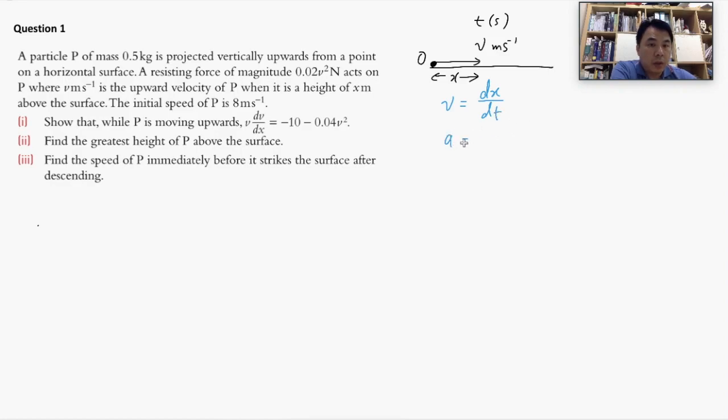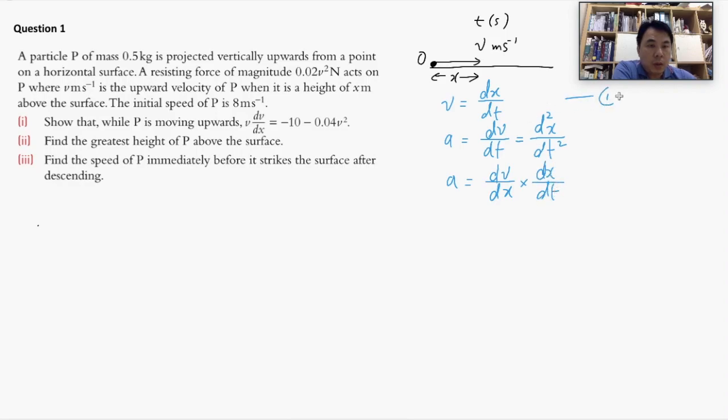Whereas acceleration, we are talking about linear acceleration here, is given as the rate of change in velocity, dv/dt. Indirectly, this is also the second derivative of displacement. By using the chain rule, we can obtain another version of acceleration: dv/dx times dx/dt.